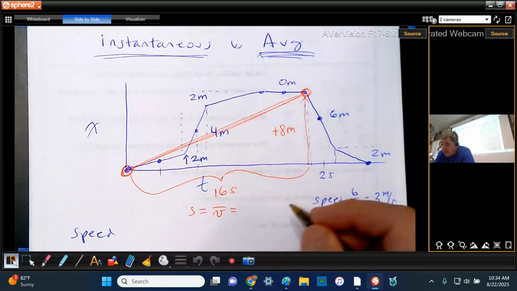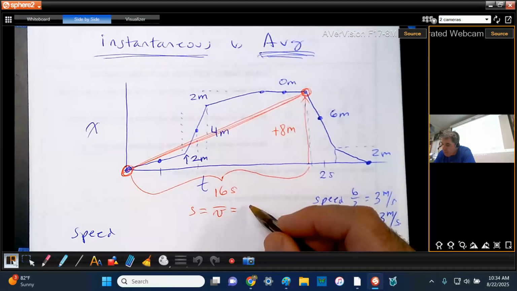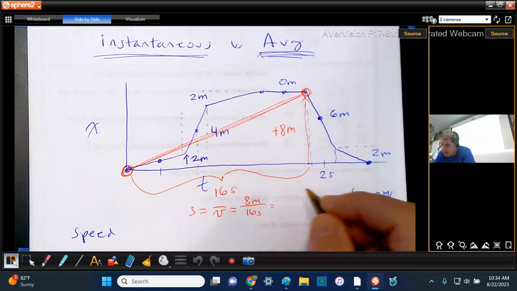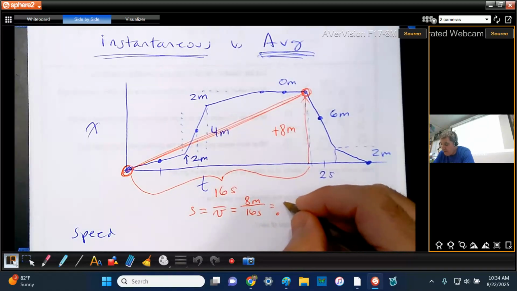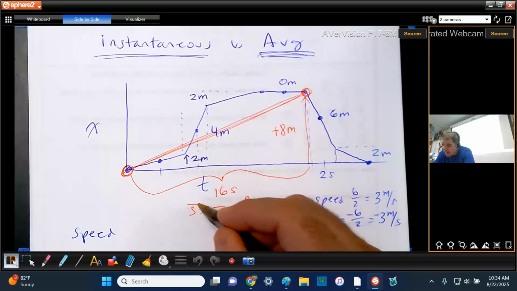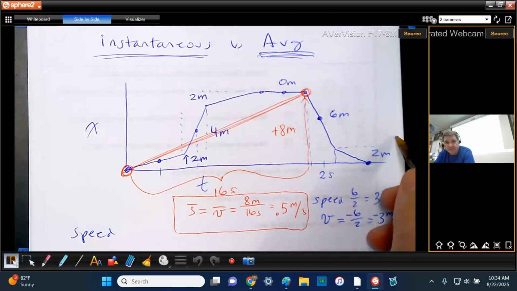They're the same because I'm only going in a positive direction, and that would be 8 meters over 16 seconds. That gives me 0.5 meters per second. That's easy. Average speed and average velocity, easy peasy.